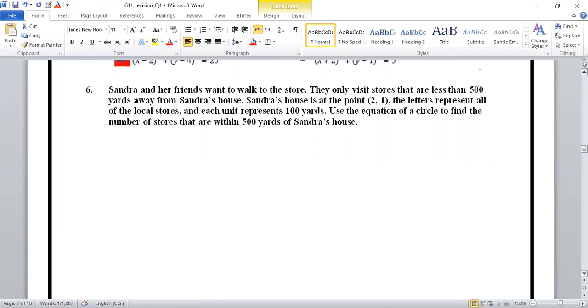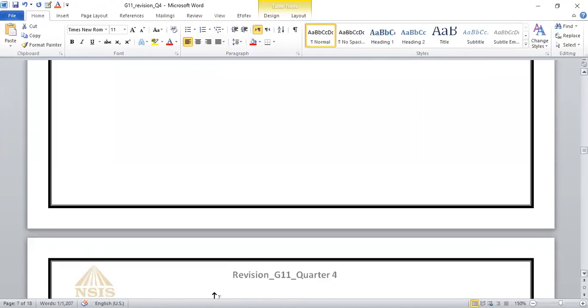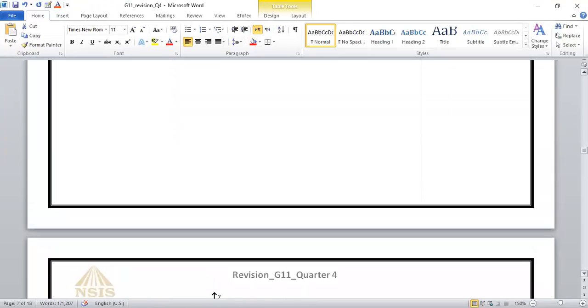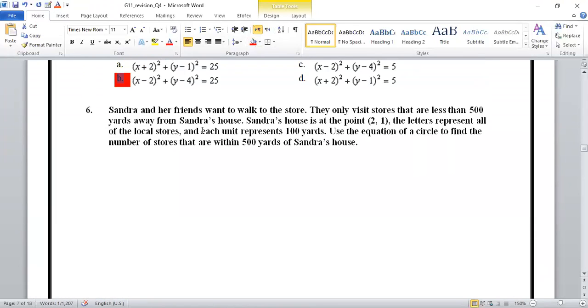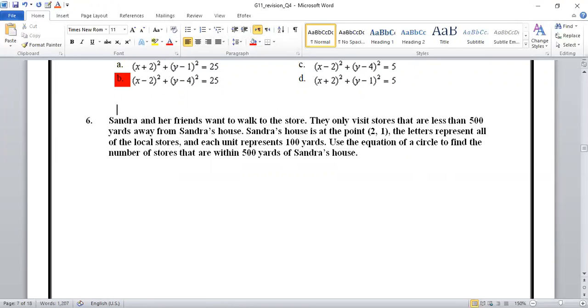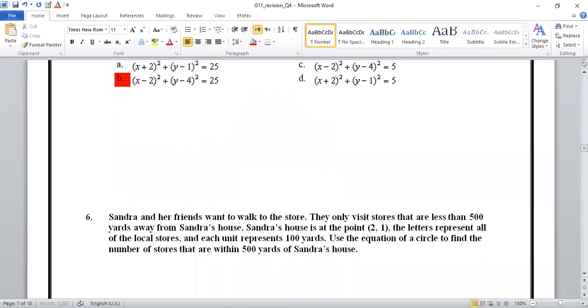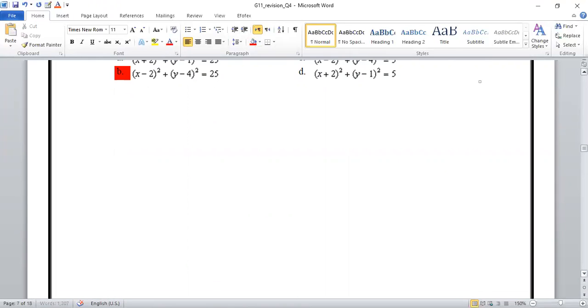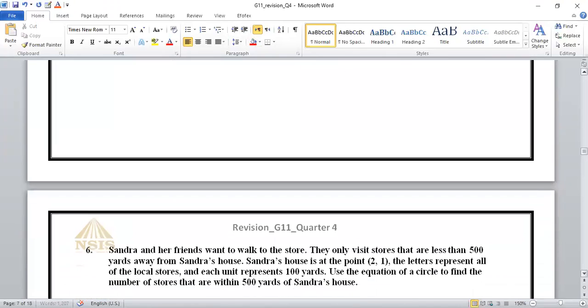The letters represent all of the local stores, as shown in the figure, and each unit represents 100 yards. Use the equation of a circle to find the number of stores within 500 yards.